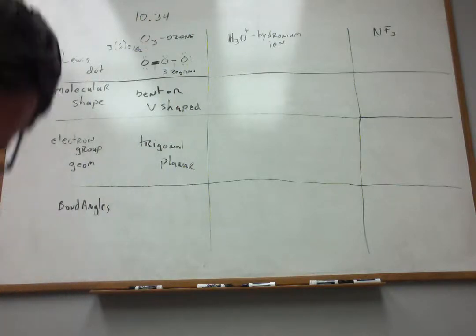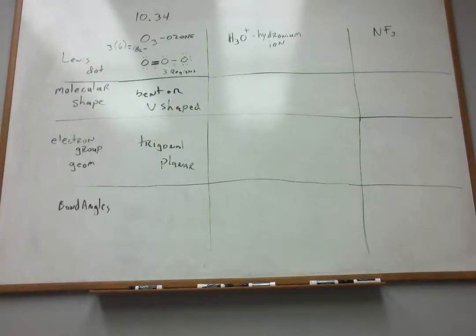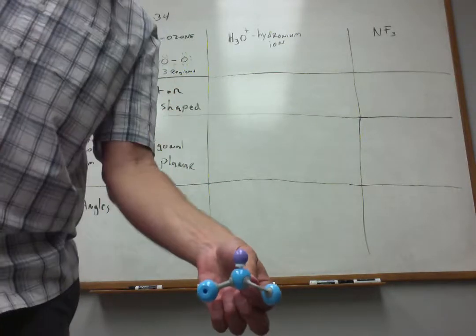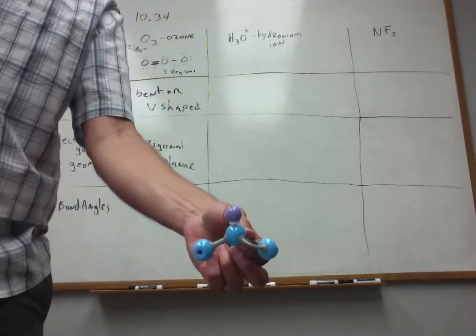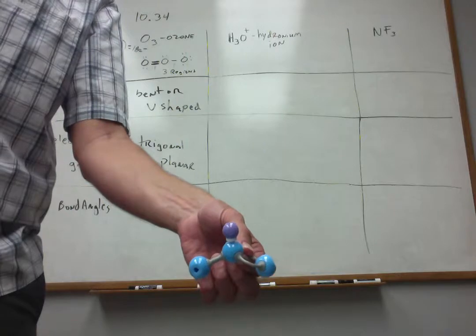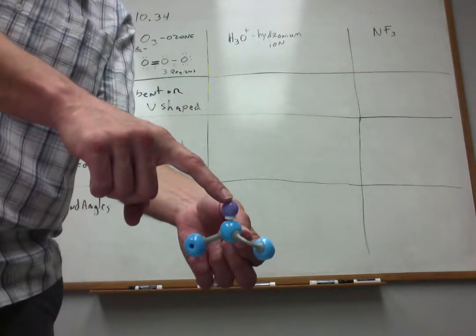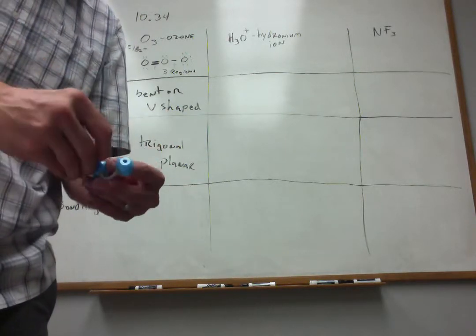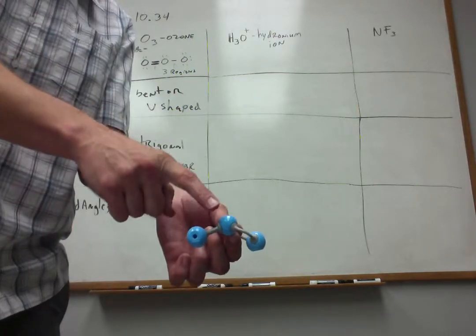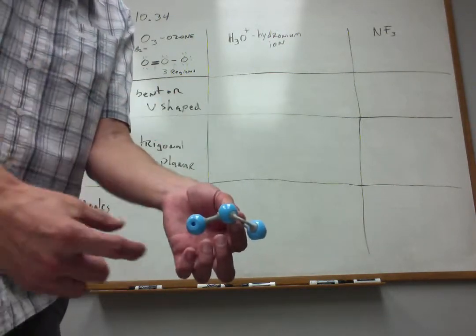So the moral to the story here is that if I've got three electron groups around the central atom, I may have this guy, my trigonal planar electron group geometry. This is my lone pairs, right? But if I'm talking about molecular geometry, the lone pairs are still there, and that influences the shape of the molecule.